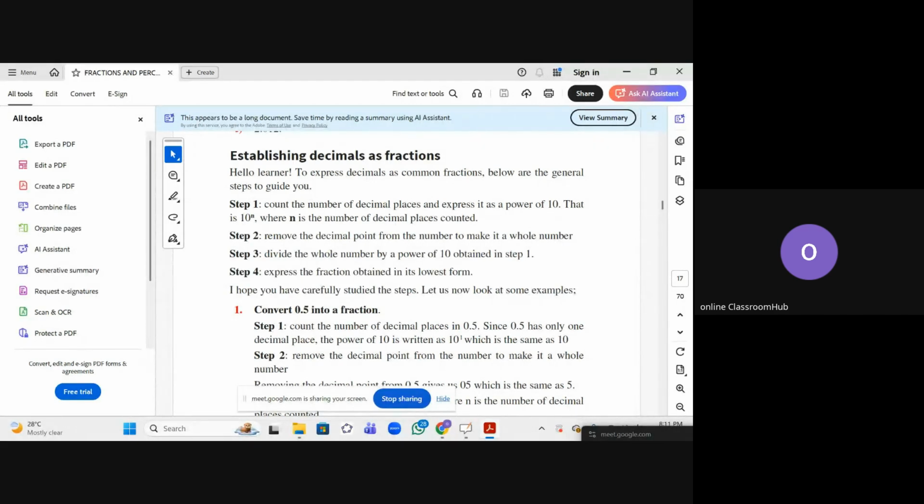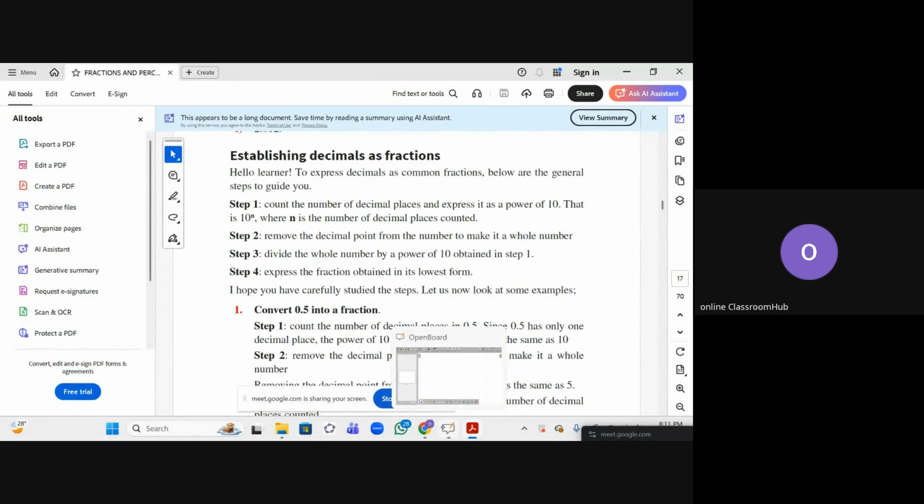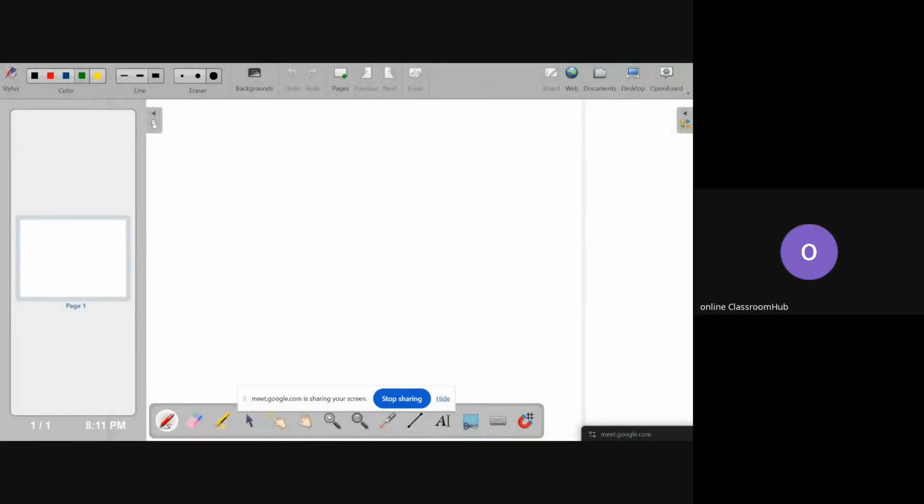So now let me do the demonstration, what it is trying to tell us. For example, you have 0.5, and you want to change 0.5 to a fraction.